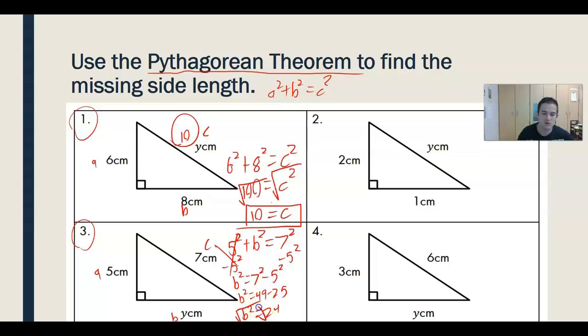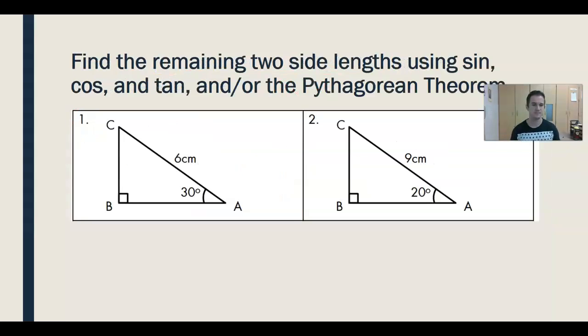When I square root both sides, the square root of 24 is 4.9. So the length of this side would be 4.9 centimeters. That's the Pythagorean theorem. A squared plus b squared equals c squared. When I'm just dealing with the side lengths of a right triangle, I use the Pythagorean theorem.